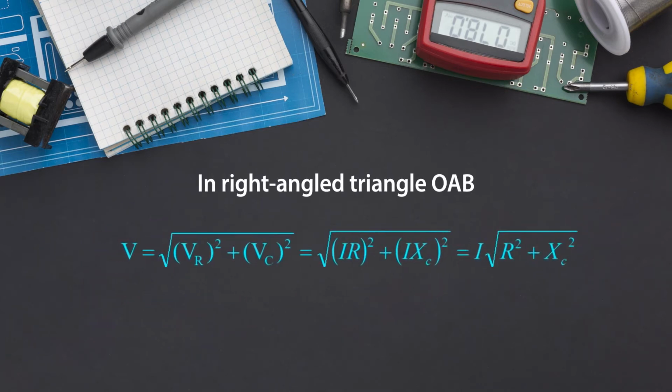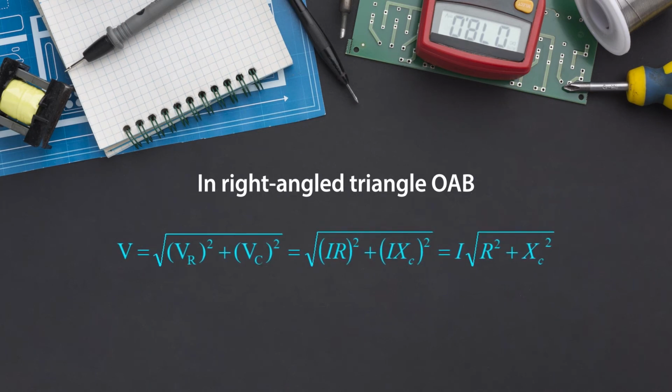What will be the value of this V in triangle OAB? It can be written as under root VR square plus VC square. And what is the value of VR? Value of VR is I into R, and value of VC is equal to what? I into XC. And what is this XC? XC is nothing but the capacitive reactance.